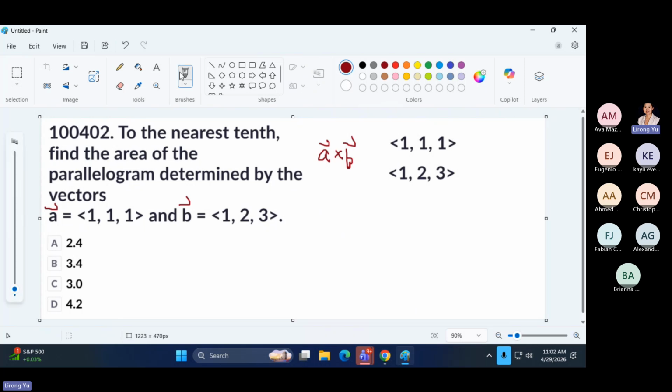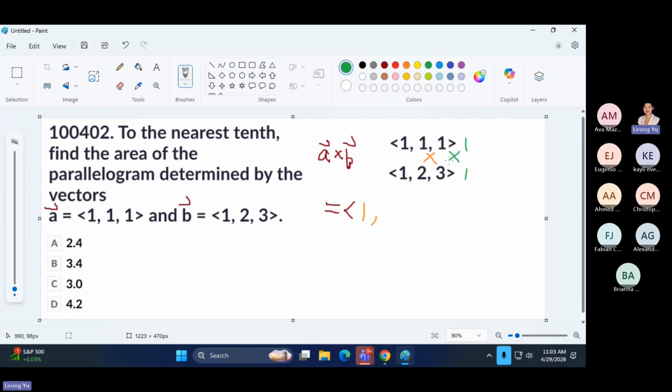Okay, so the calculation is equal to, it's also a vector. A cross product between two vectors is also a vector. The first component is the 2x2 matrix using these two columns. If we cross multiply and subtract, we have 1 times 3, 1 times 2, and subtract, so it's 3 minus 2 equals 1. The second component uses column 1 and column 3, the first column behind the third column.